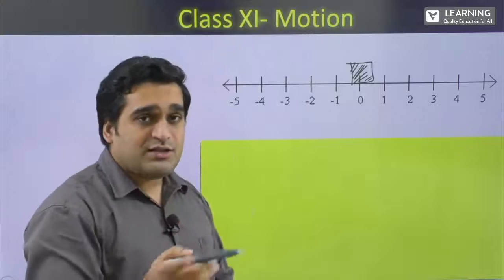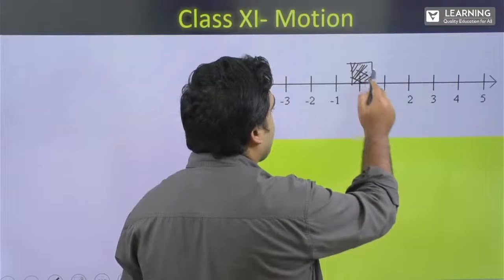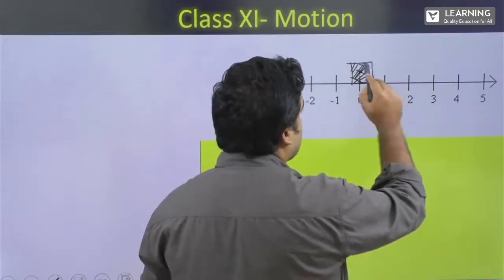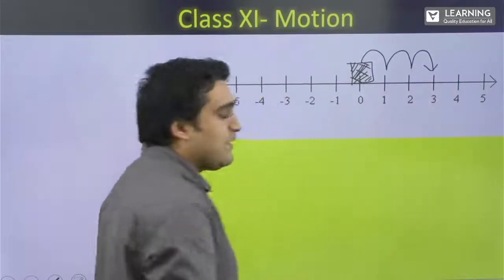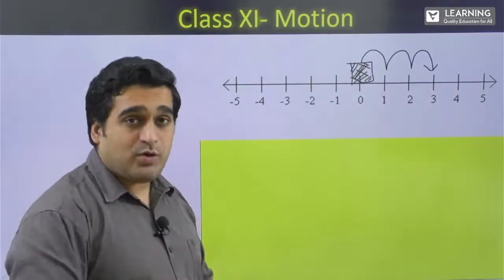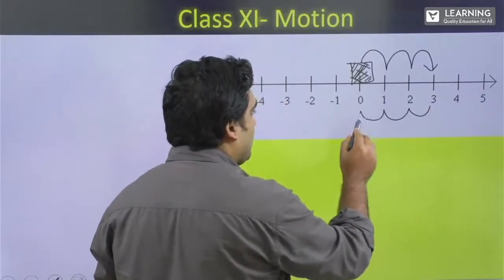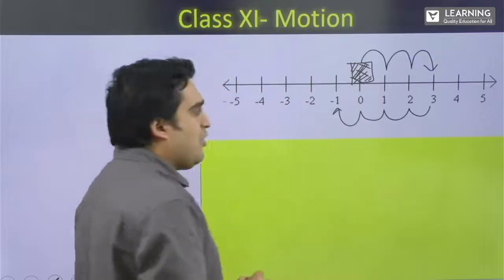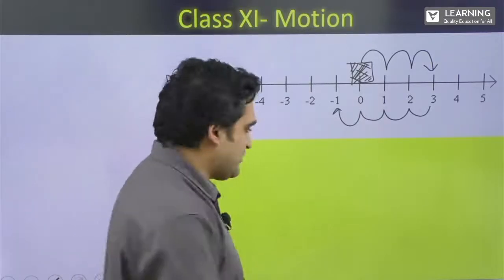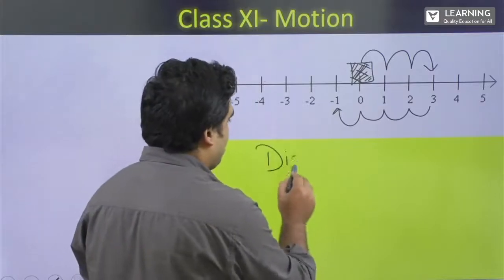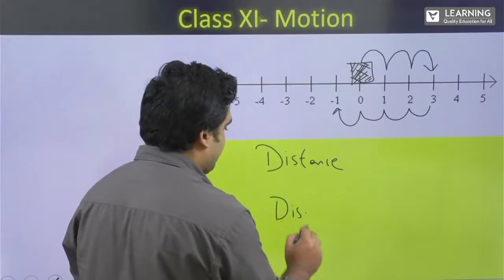This box is moved 3 places forward, and 4 places backwards. 2, 3, 4. Find the distance and the displacement of the box. Distance and displacement.